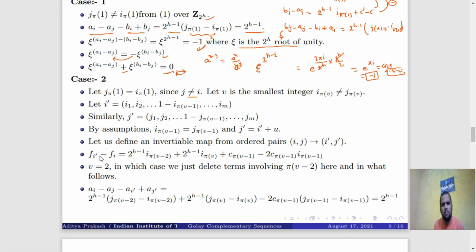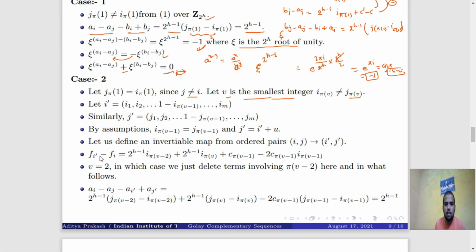Let's consider a v in such a way that it is the smallest integer with i pi v not equal to j pi v. That means pi is the smallest, so pi minus 1 is equal, pi minus 2 is also equal, but pi plus 1 may or may not be equal. But we take j pi v, that means at the v it is not equal.